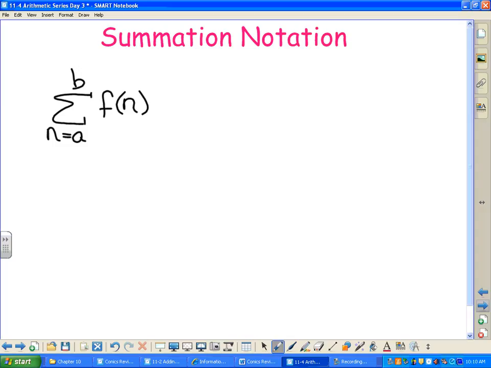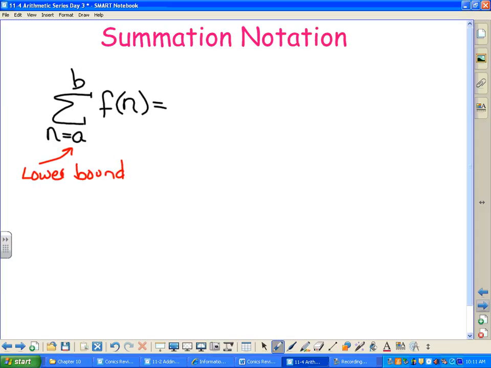The way that this is read is it's the sum from n equals a to n equals b of f of n. Okay? And the way that you figure these out is you start out by putting in whatever number is in the lower, well, I guess I should clarify that. This thing right here we call the lower bound.